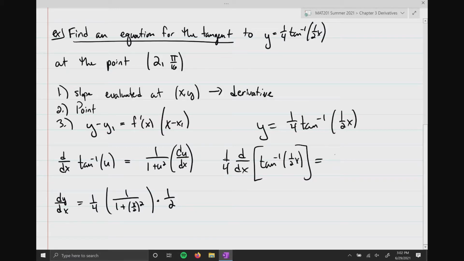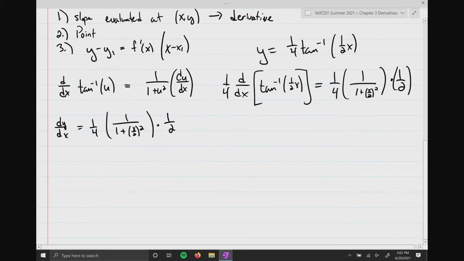So that's going to equal my 1/4, which I pulled out front of the derivative, times 1 over, now I'm just following my rule, 1 over 1 plus x over 2, because it's 1/2 x, or x over 2 squared, times the derivative of 1/2 x, which is just 1/2. So that's how I got 1/4 times 1 over 1 plus x over 2 squared times 1/2. And I'm going to clean this up a little bit.